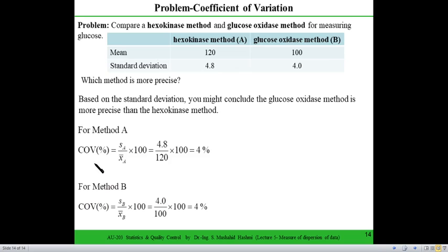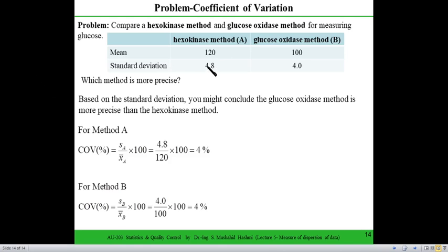The coefficient of variation takes into account both the spread, which is the standard deviation, and the central tendency, which is the mean. A higher coefficient of variation means less precise; a smaller coefficient of variation means more precise.